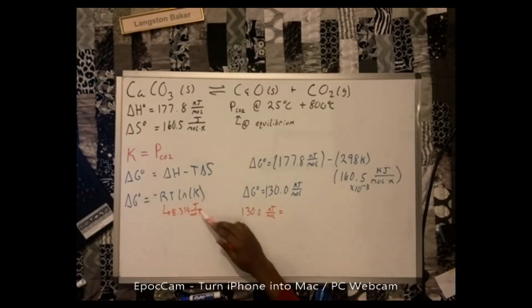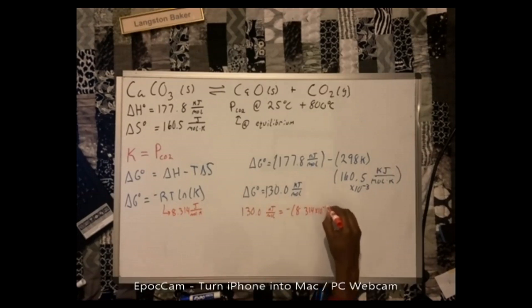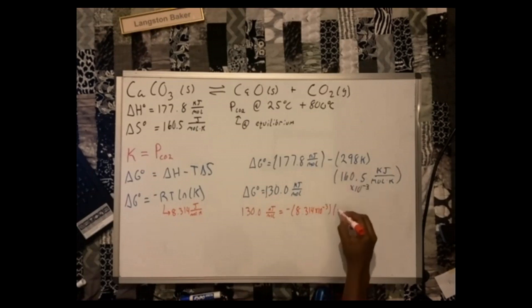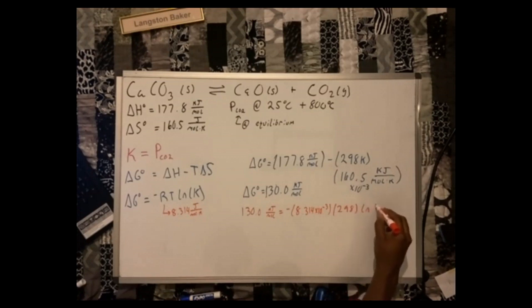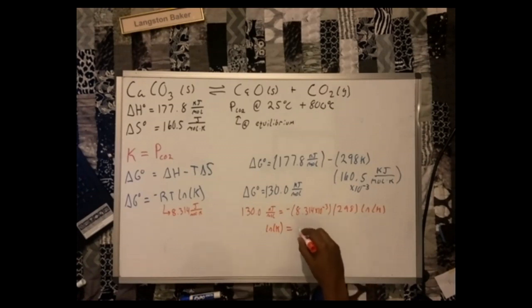That'll be given, and again we need our units to match, so I'm going to make that kilojoules: 8.314 times 10 to the negative 3, times my 298, times my natural log of K. Divide by these two to get my natural log of K. So I get negative 52.46.